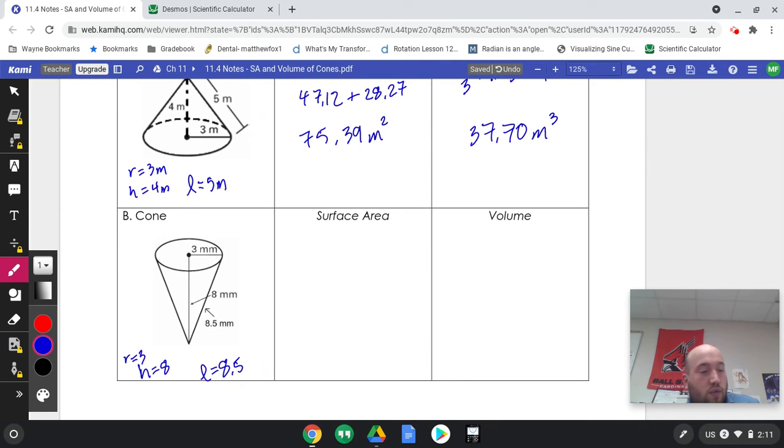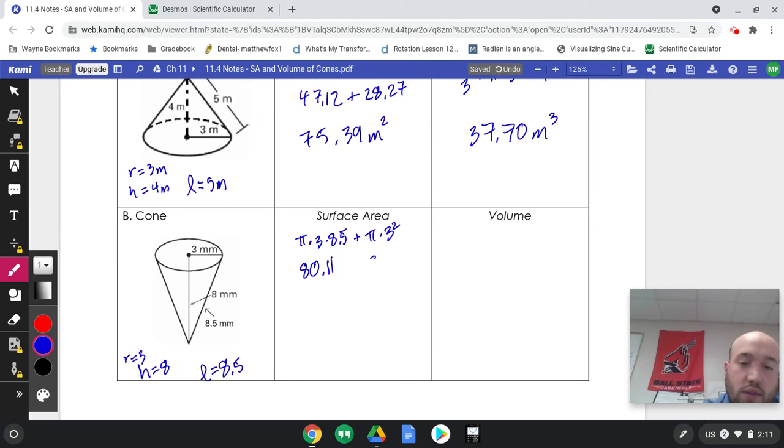Once again, it's pi r times L, so pi times 3 times 8.5, plus pi r squared, so pi times 3 squared. If we do that, we'll get 80.11 and 28.27 again. If we add those two together, we will get 108.